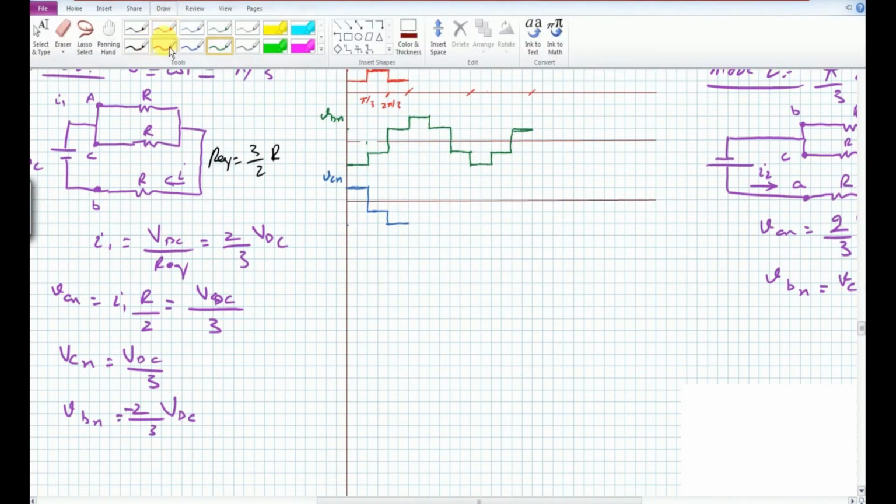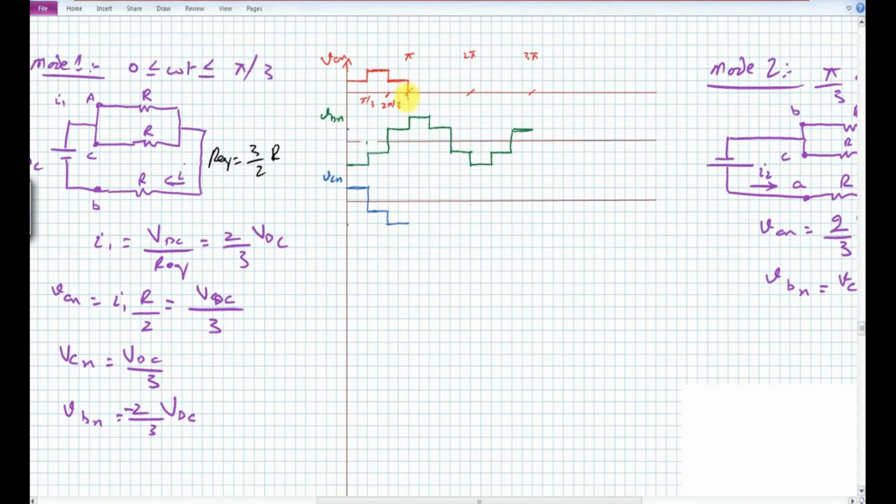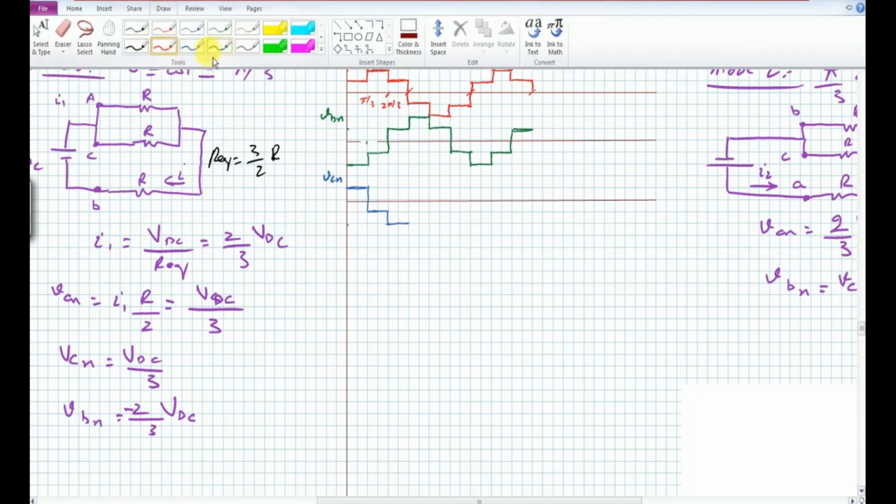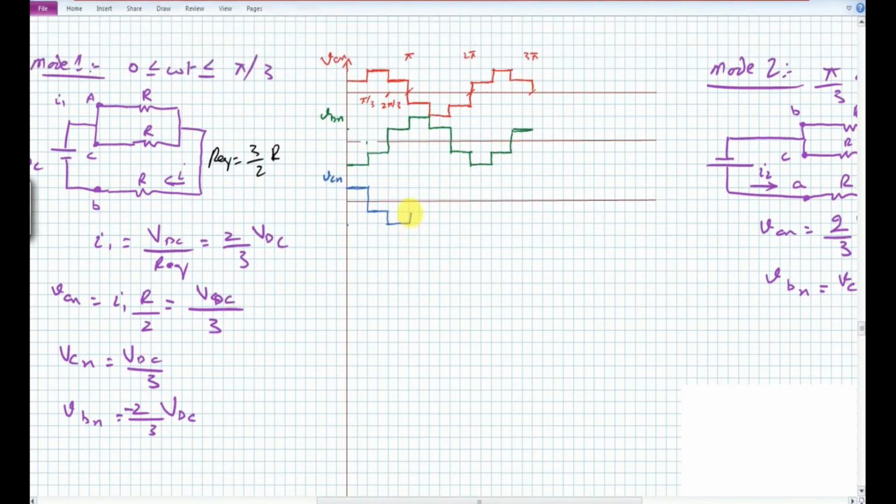Similarly, for this red block here, from this time interval to this time interval, it will become equal to minus VDC, and then we have this type of a shape for the VAN during the rest of the operation. Similarly, for this VCN, it will go back to VDC by 3, then positive VDC by 3, and then 2 by 3 into VDC, and then it will have this type of a shape.